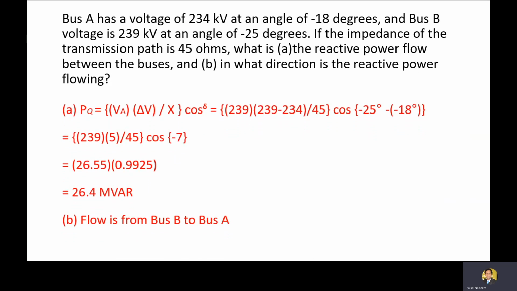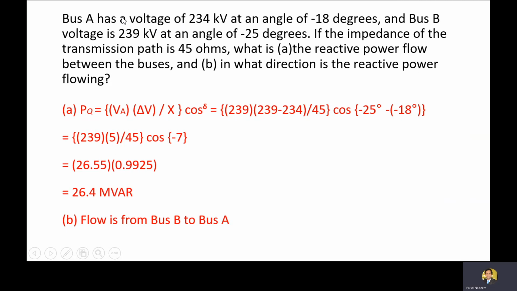Now, this is the solution. In the question, we see that the magnitude of voltage is higher at bus B and lower at bus A. So, as per the concept of reactive power flow, reactive power flows downhill, that is, from higher potential to lower potential.